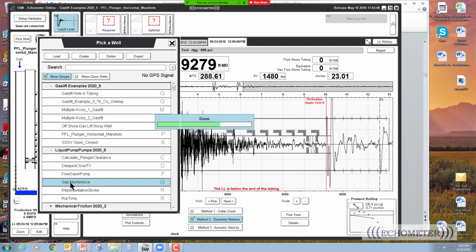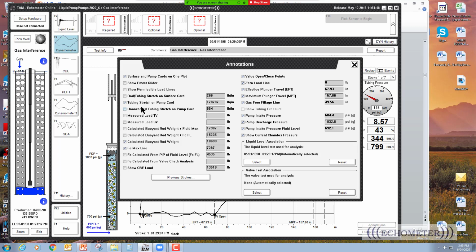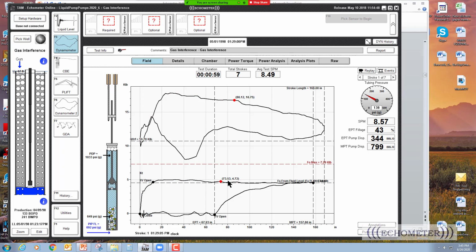Let me turn on the annotation for FO from the fluid level. So I'm going to turn on FO from the fluid level right there. I just picked pump card annotations. And so now we've got that line right there, and the line matches up pretty well.